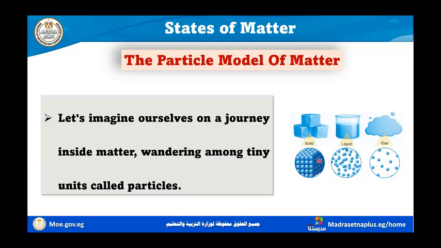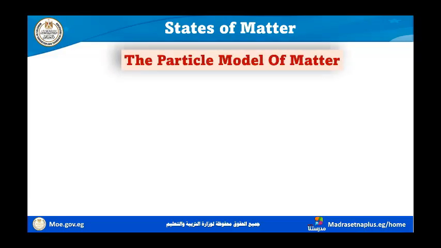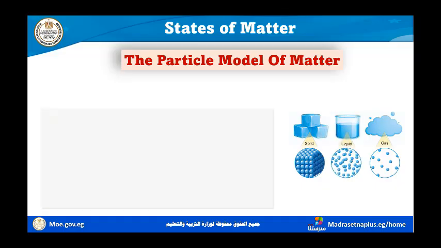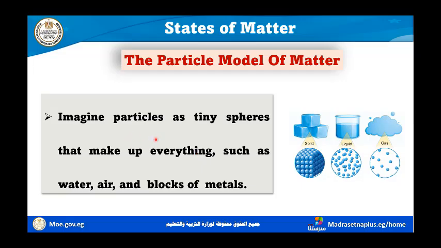The solid state consists of closed particles. Liquid state has wide spaces between its particles, while gaseous state has very large spaces between its particles. So we are going to imagine particles as tiny spheres, like here in the figures.